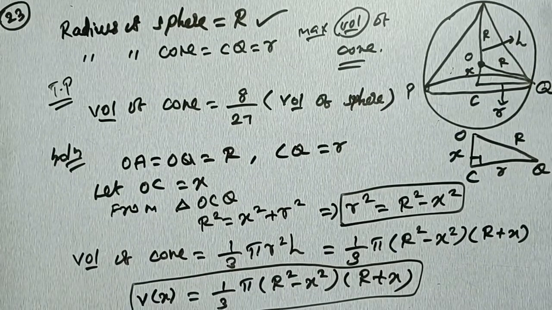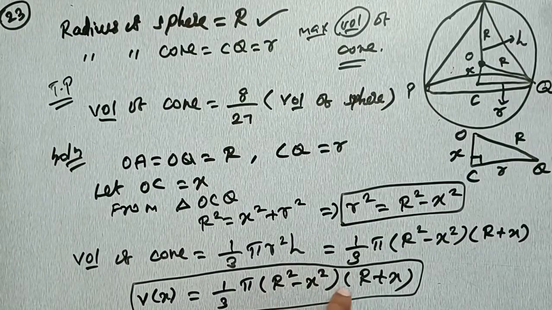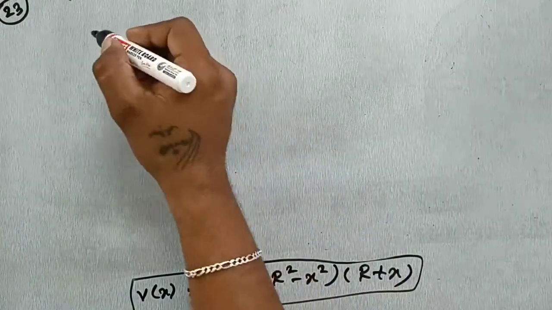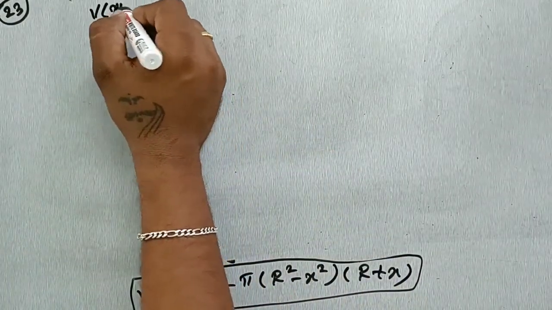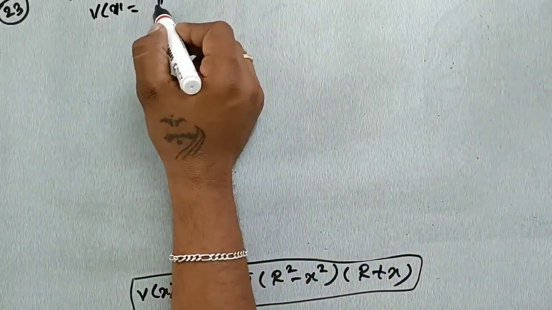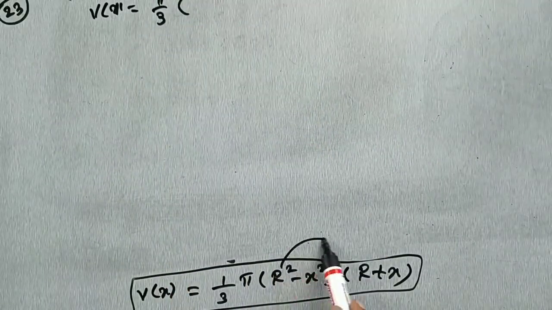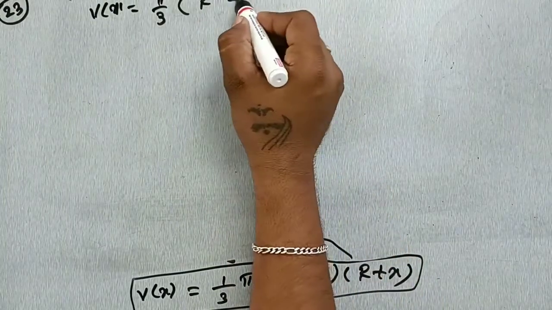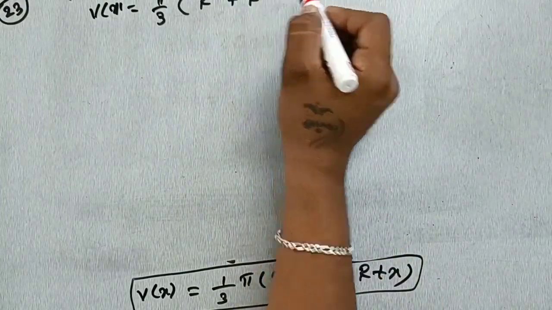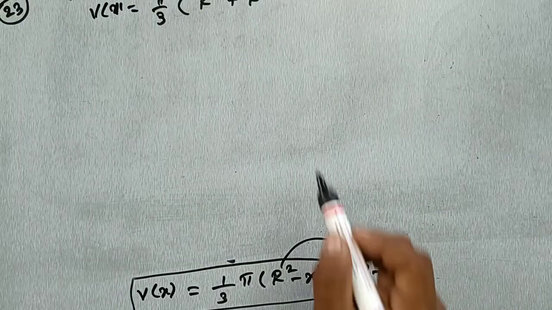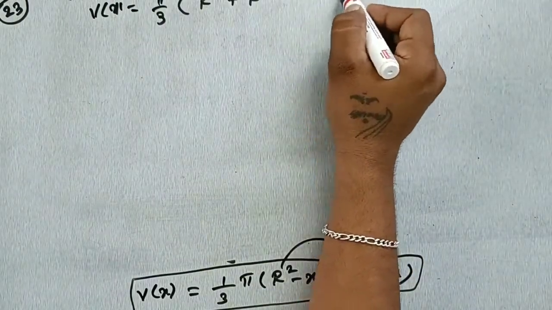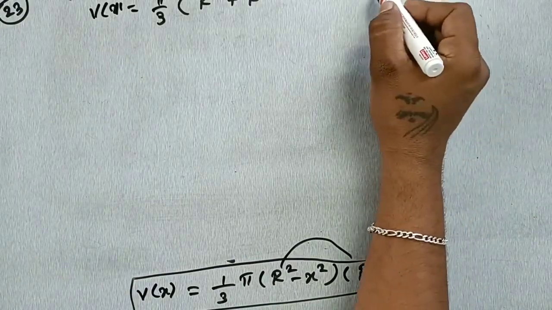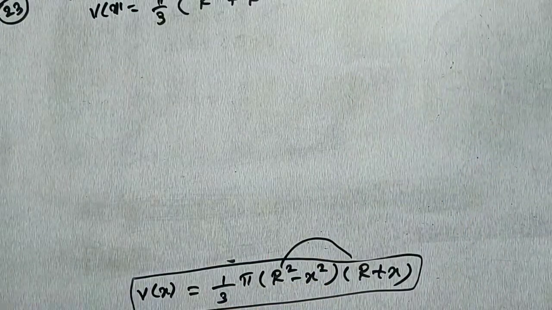Multiplying inside, we get V of x equal to pi by 3 into capital R cube plus capital R square x minus x square R minus x cube.